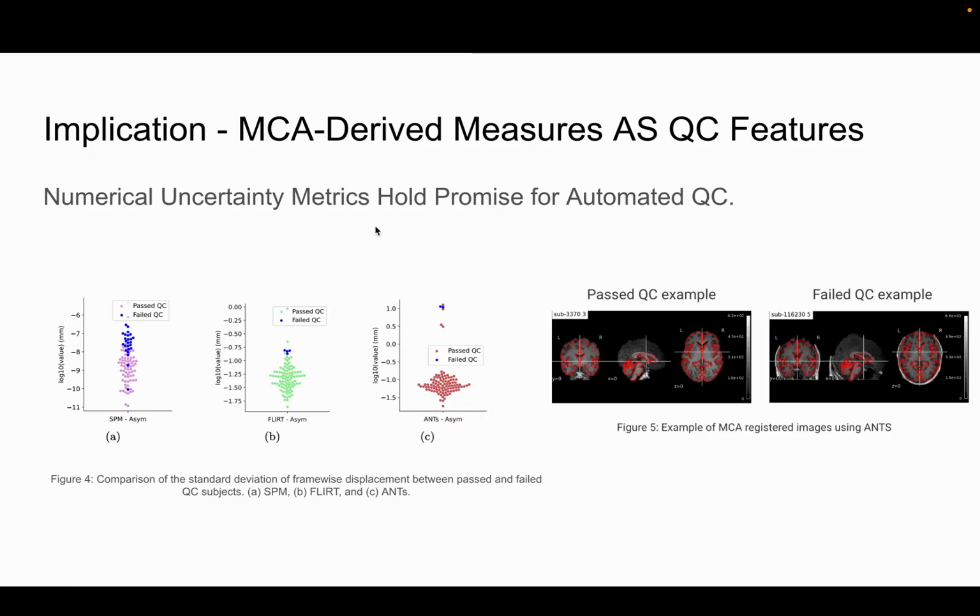And we think that MC-derived measures like the standard deviation of frame-wise displacement can be used for automatic quality control. For example, if we compare MC runs for a subject that has a failed registration in the unperturbed registration to one that has not failed, we can see that clearly the variability between MC runs is quite a bit higher for the failed one.